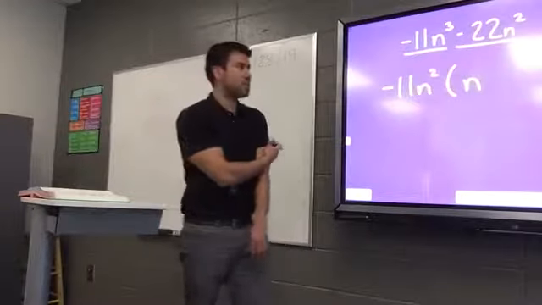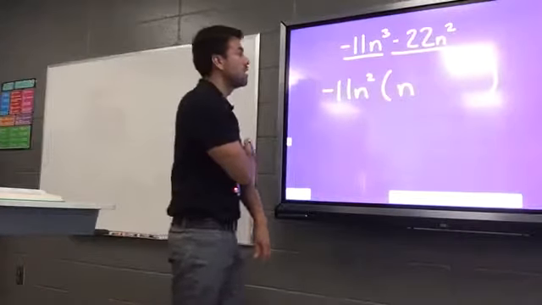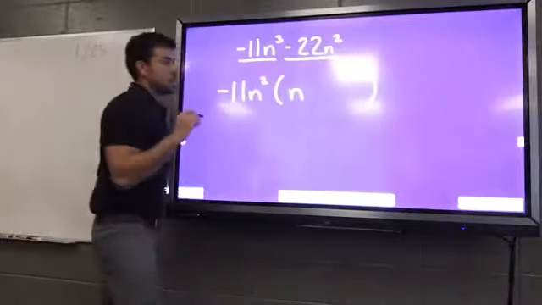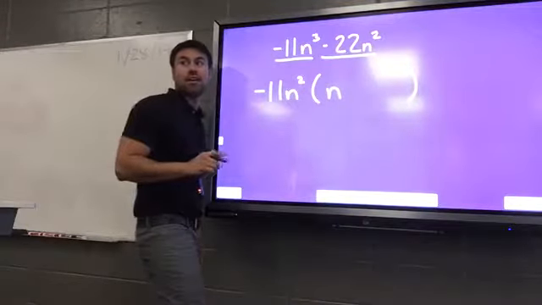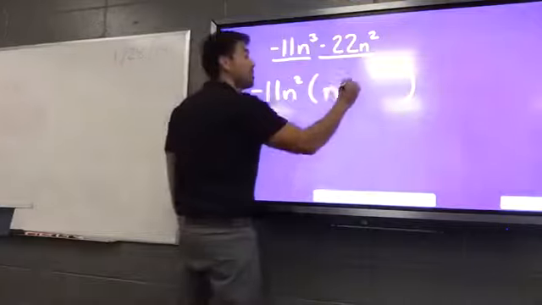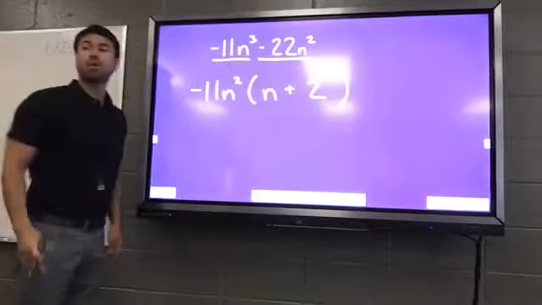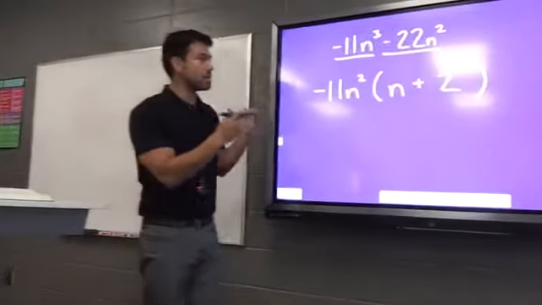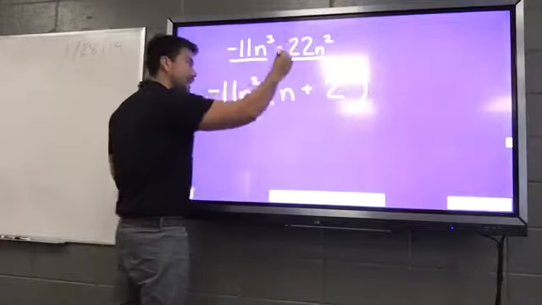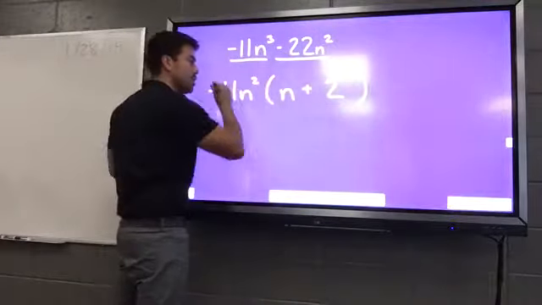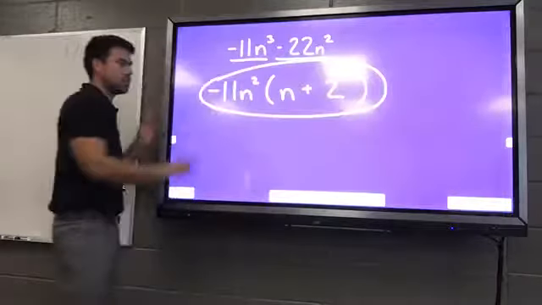And Mandy, what goes in the second spot? Minus 2. Close. Plus 2. Now, why is it plus 2, not minus 2? Because what's negative 11 times positive 2? Negative 22. So it has to be a positive 2. And in this case, that's your answer.